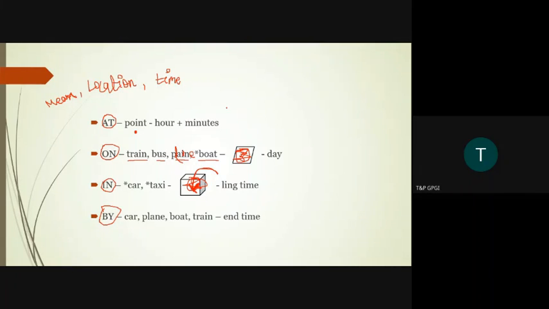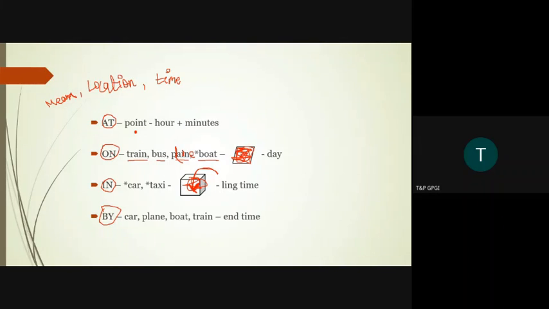Now moving on to on. When we talk about on, we talk about days. Imagine there are 24 hours, 1, 2, 3, and so on till 24. A day covers this entire space. So we'll use on for days. For example, on Monday, on Tuesday.